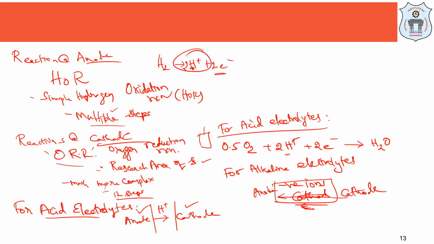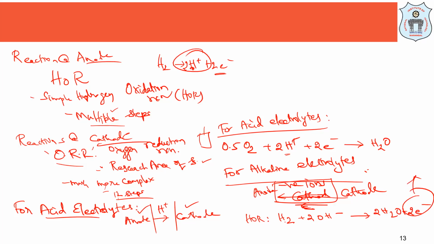So for alkaline electrolytes, the HOR reaction will be H2 plus 2 OH minus ions forming 2 H2O plus 2 electrons, and these electrons move through the external circuit.